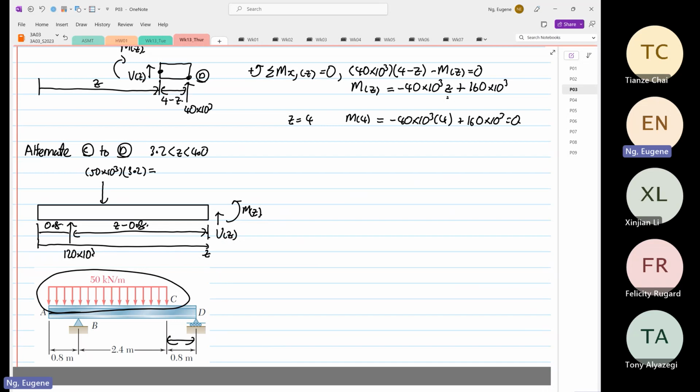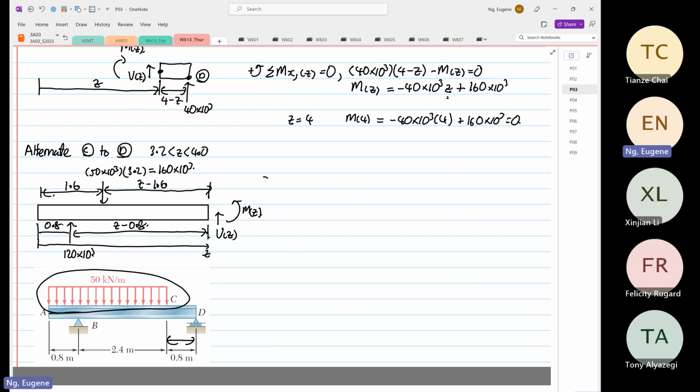So 50 times 10 to the power 3 times 3.2 is equal to 160 times 10 to the power 3. And then we know that this distance from here to here is 0.8 plus 2.4 divided by 2, 1.6. So this distance is equal to z minus 1.6. You can see here more components.